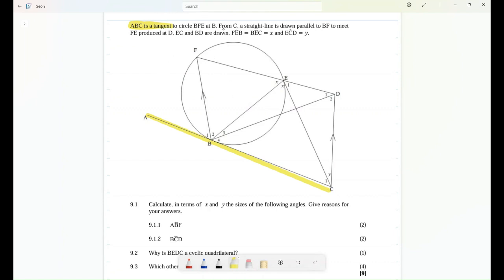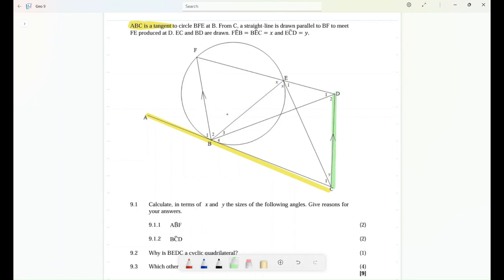From C, a straight line is drawn parallel to BF. So let me use a different highlight. Let me erase this and do this. We are told that from C, there is a line. That line is parallel to what?